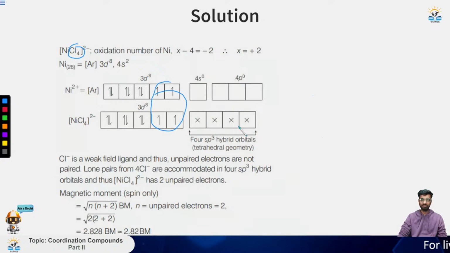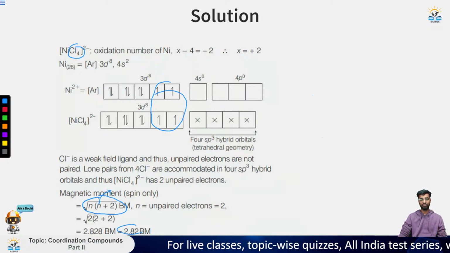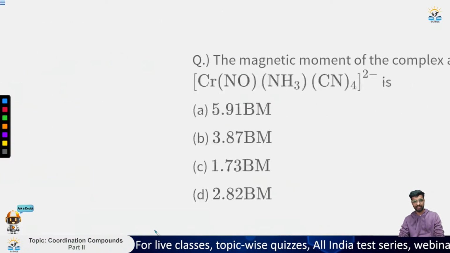Now we have sp3 hybridization, and we have two unpaired electrons. The formula used to calculate the magnetic moment is the square root of n(n+2), where n is the number of unpaired electrons. So you simply put in the values and you will get 2.82 Bohr magnetons.